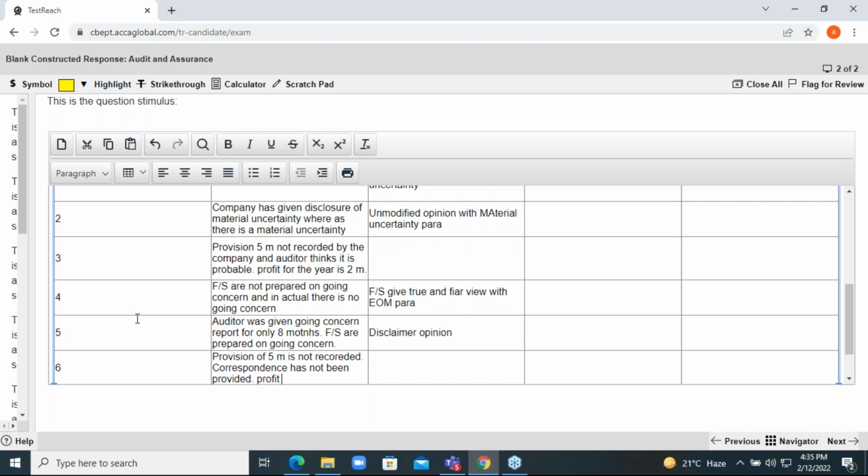Profit for the year is 10 million. Now, what would be the opinion now?